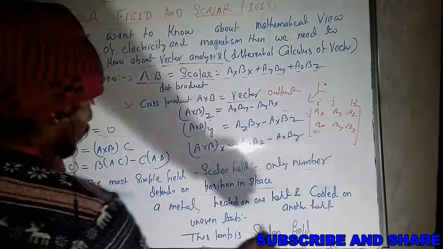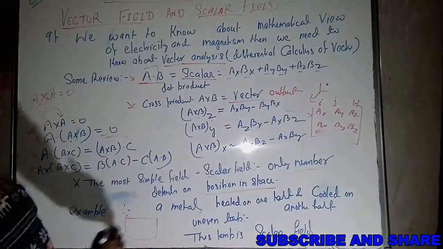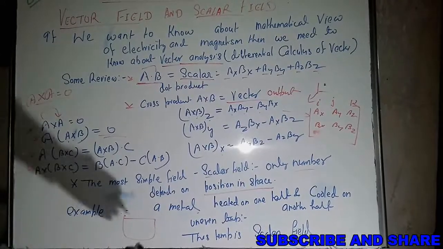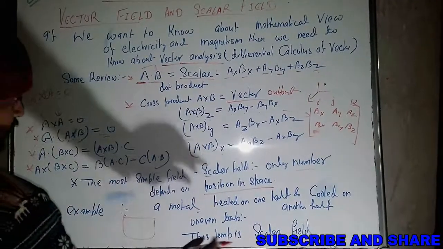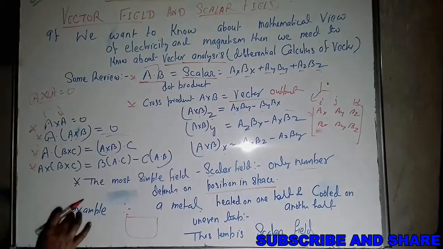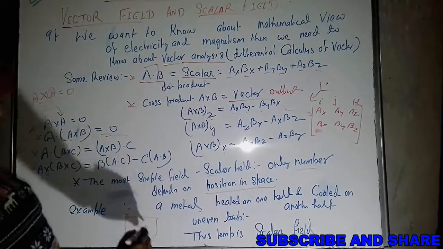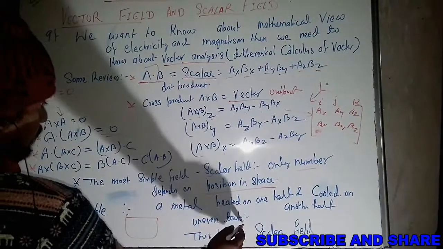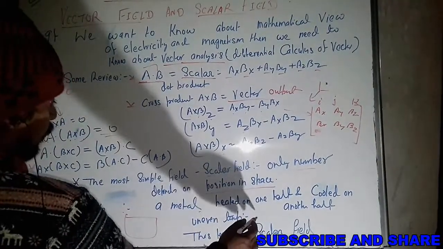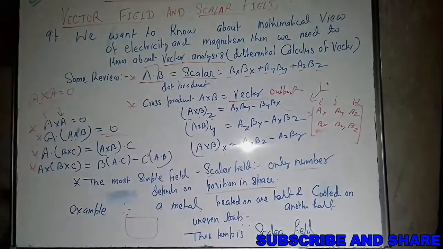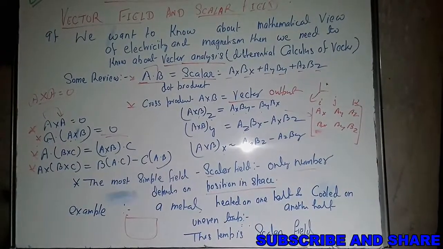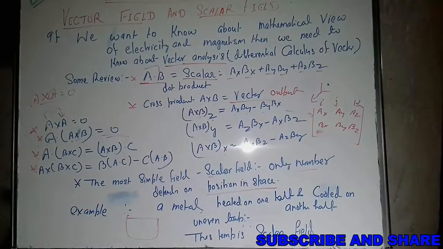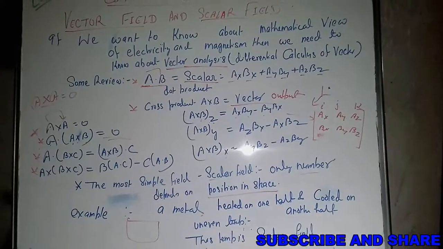It means it has uneven temperature. It means the temperature is a scalar field. We only have to know the value of temperature, which in this case is a function of position in space.